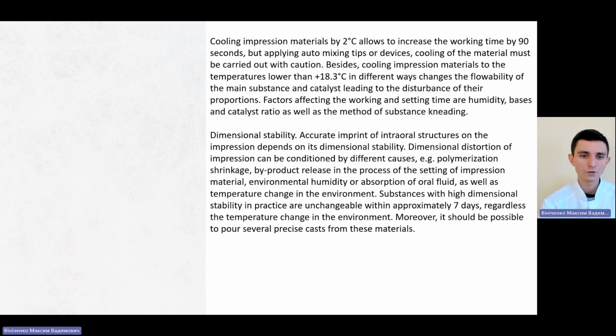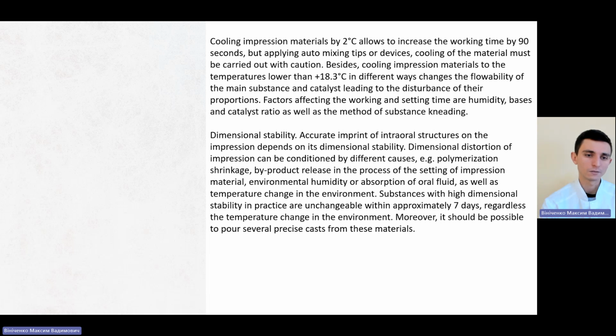Besides, cooling impression materials to temperatures lower than plus 18.3 Celsius degrees changes in different ways the flowability of the main substance and catalyst, leading to the disturbance of their proportions.